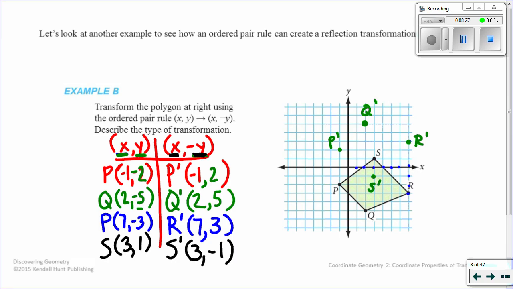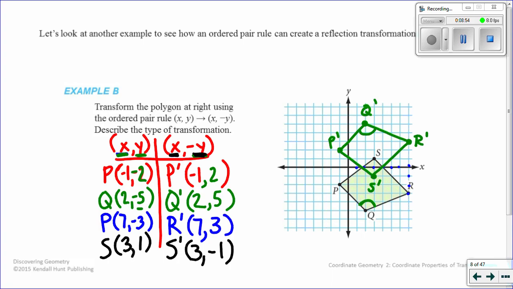Now if I look at this transformation, see if you can figure out what's actually happened. So I'll go ahead and connect my vertices. What does it look like has happened? I'm going to look at that larger angle, right? So look at Q. Here's that larger angle. And down here on your original, your image, the larger angle is down there, right?